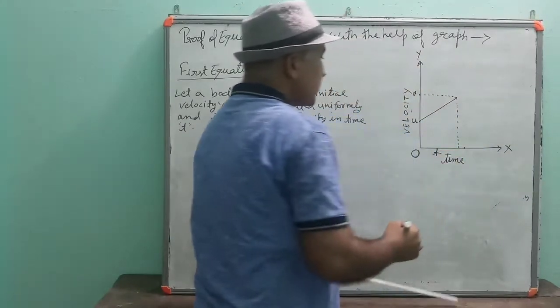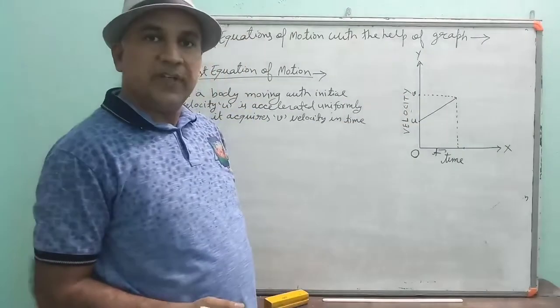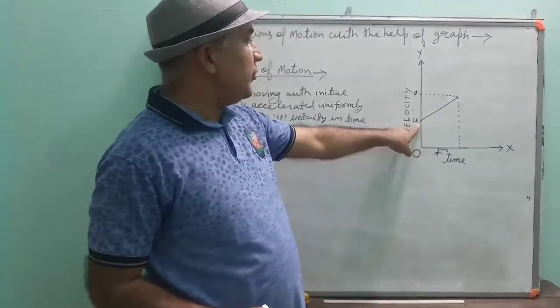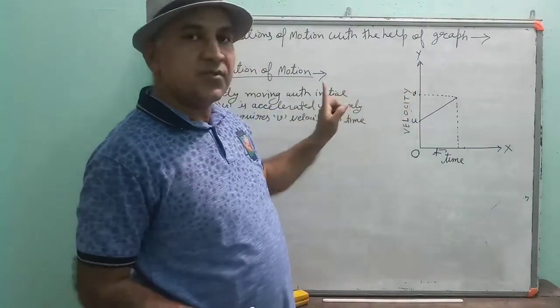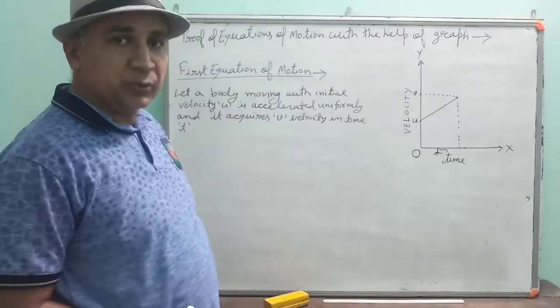Understood? Is this clear? Initial velocity is u, in t time the velocity becomes v. With the help of this graph we will find the first equation of motion.